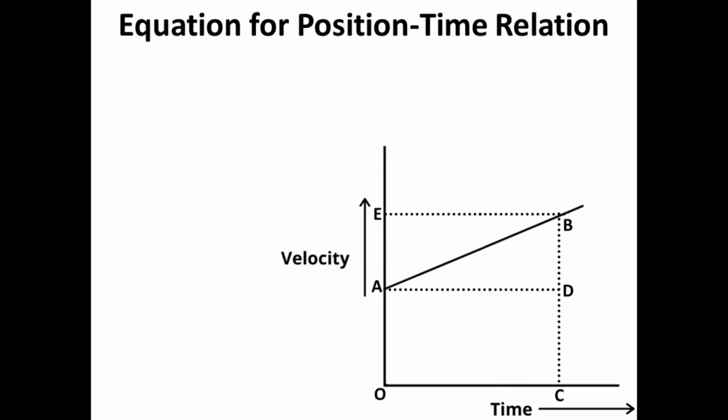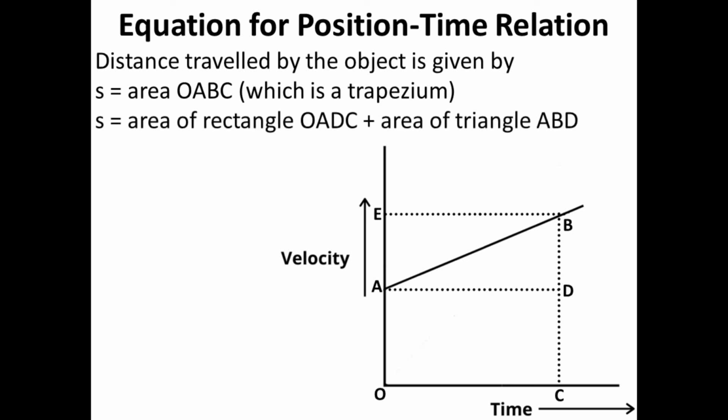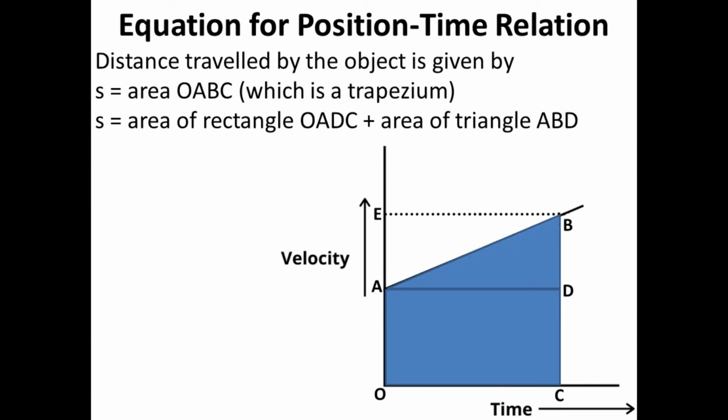Now, if an object has covered distance s in time t under uniform acceleration a, then the distance travelled by the object is given by the area OABC, which is a trapezium, and the area of trapezium OABC is equal to the sum of rectangle OADC and area of triangle ABD.